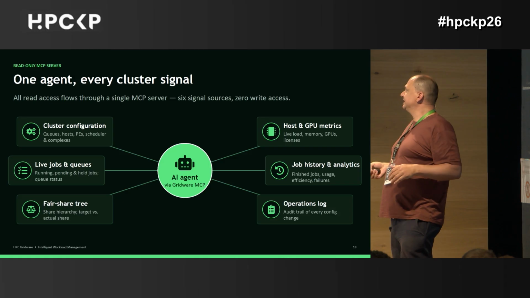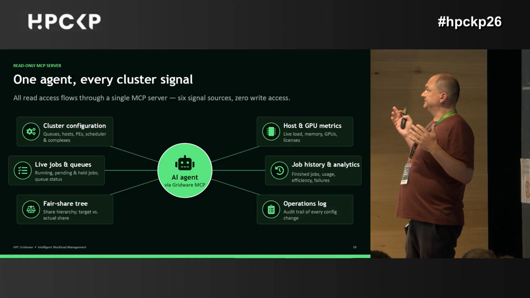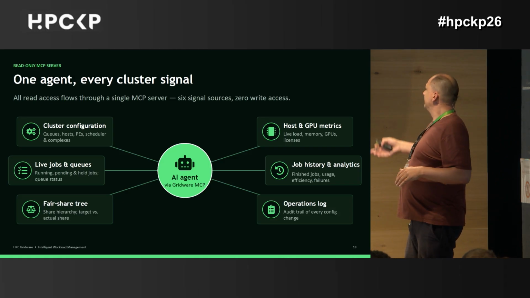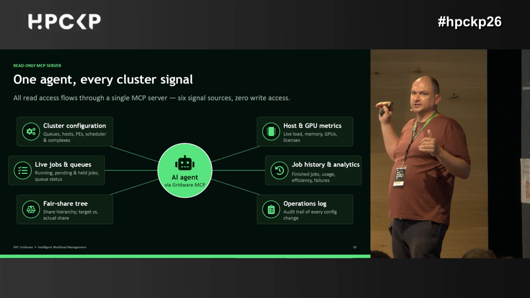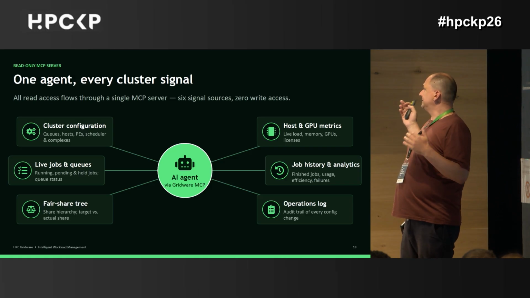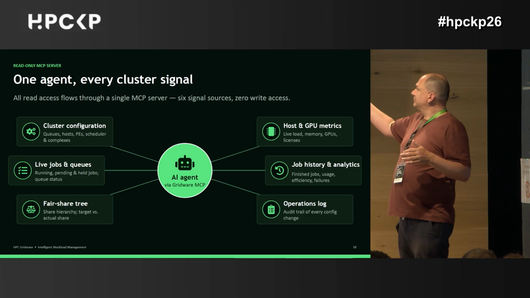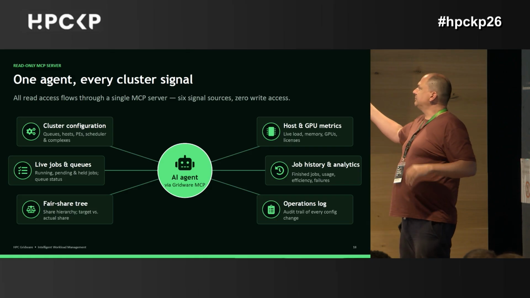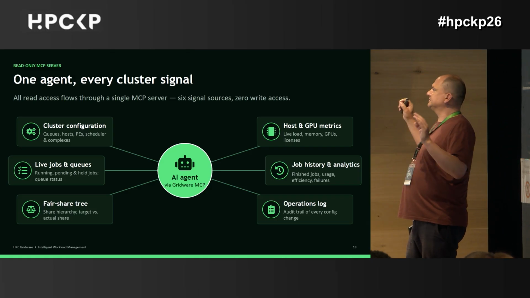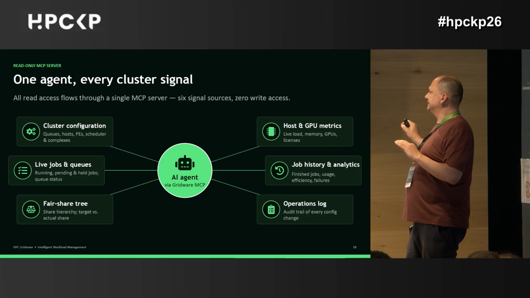LLMs need context, so where does the context come from? We have 6 different sources. We have host and GPU metrics, job metrics, and job history, so from the accounting file we can get the data. You can also get the complete cluster configuration, which works for small clusters, but you can also have fine-grained requests of queues and single elements.